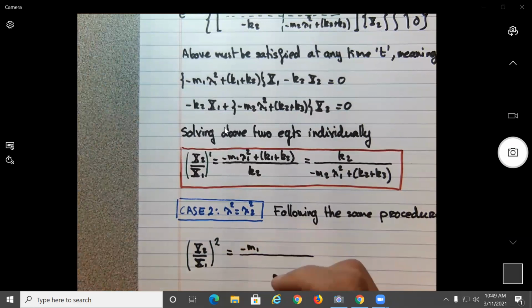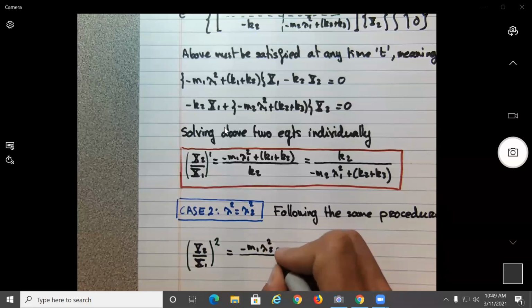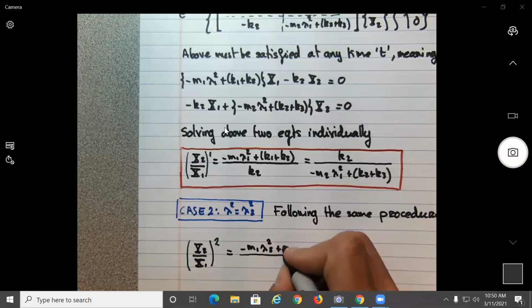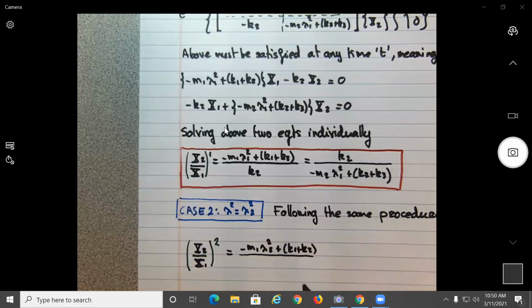Here you will have minus M1, so basically it's the same thing, but with lambda 2: lambda 2 squared plus K1 plus K2, over K2, equal to K2 over minus M2 lambda 2 squared plus K2 plus K3.